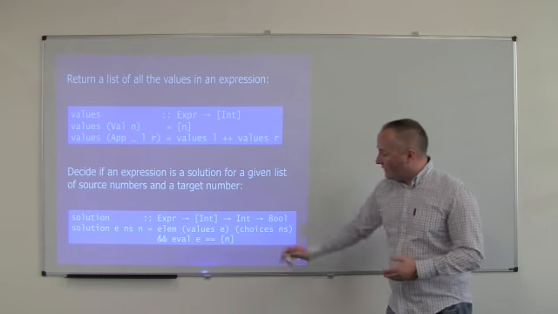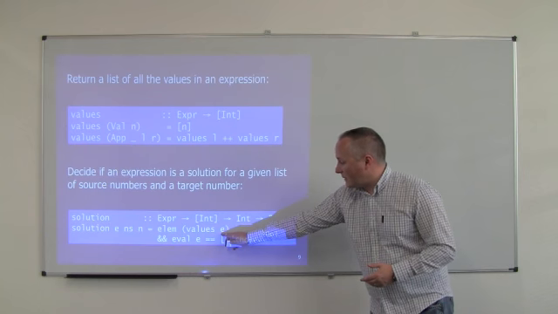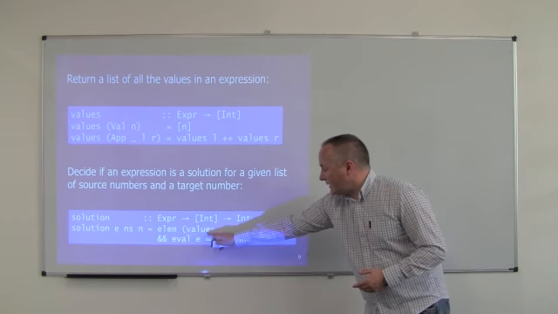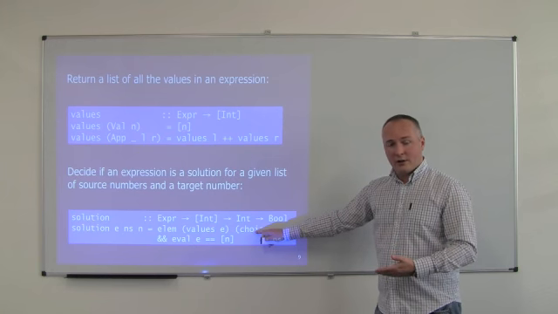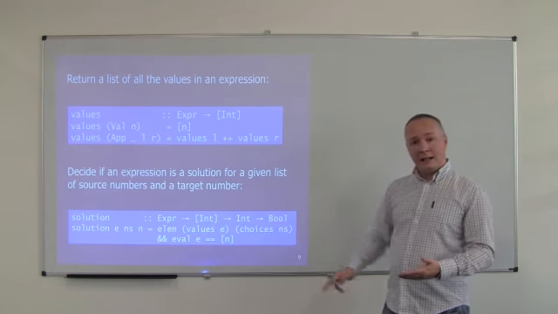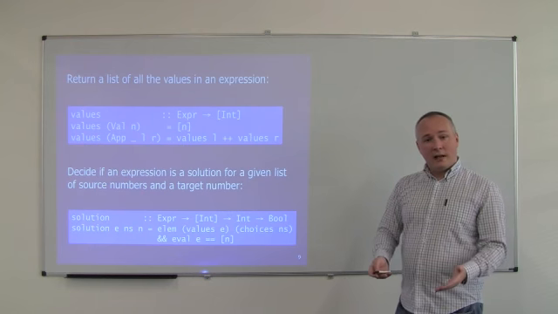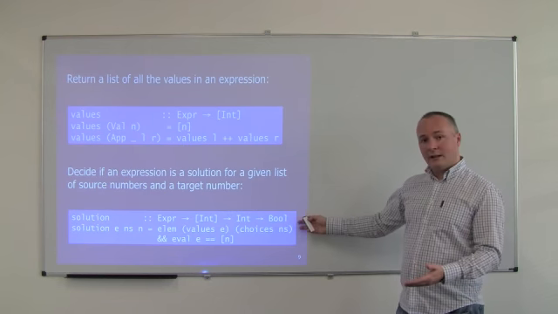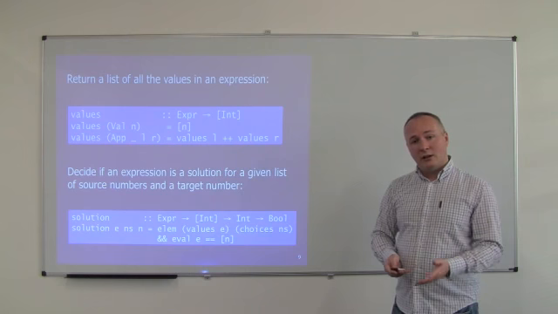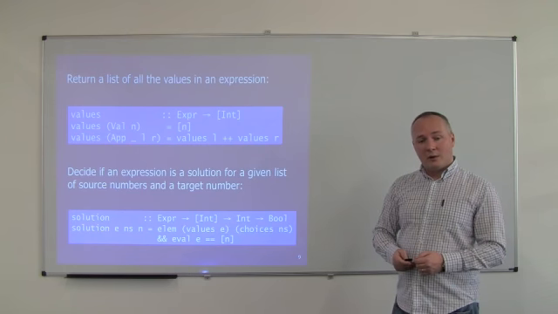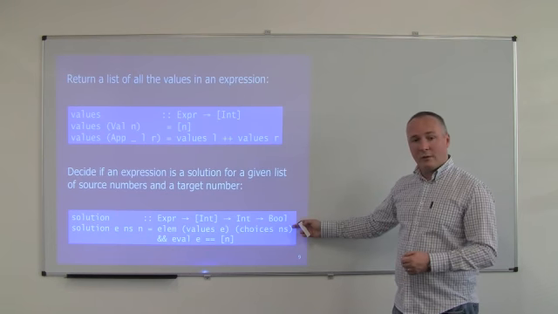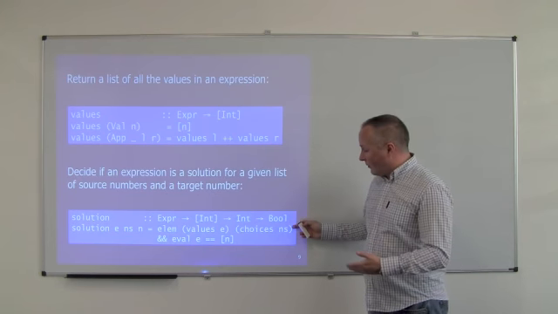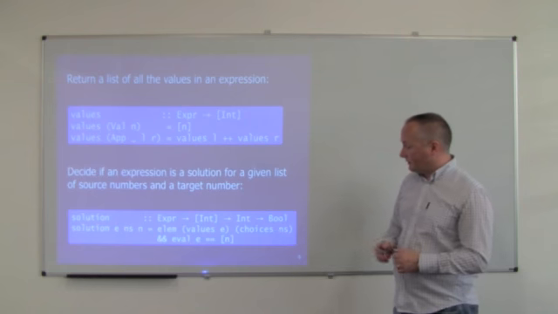Now what we're going to do is take all the values out of the expression and check if this list is an element of all the lists produced by this choices function here. So this is potentially very inefficient, but we're not caring about this. This is not a function we really intend to run. This is a specification which we're using to understand the problem a little bit better. Okay, so this is just saying we've used the numbers in the correct way. We haven't used any number more than once in particular.